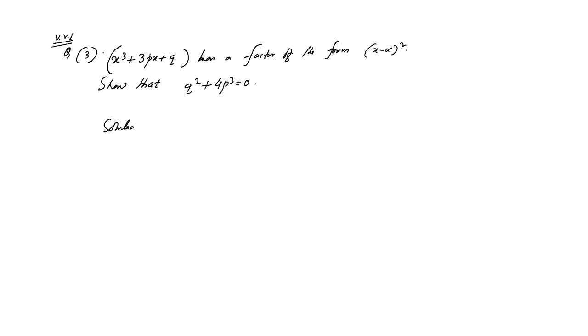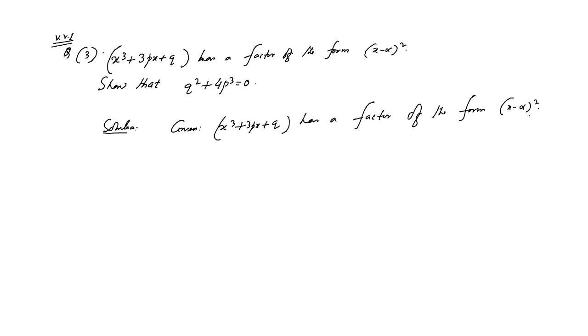So now we come to the solution. What is given? The given is x cube plus 3px plus q has a factor of the form (x minus alpha) whole square. Alpha is basically the double root.